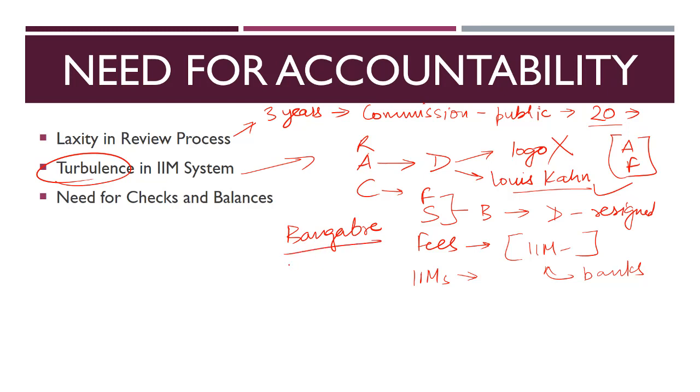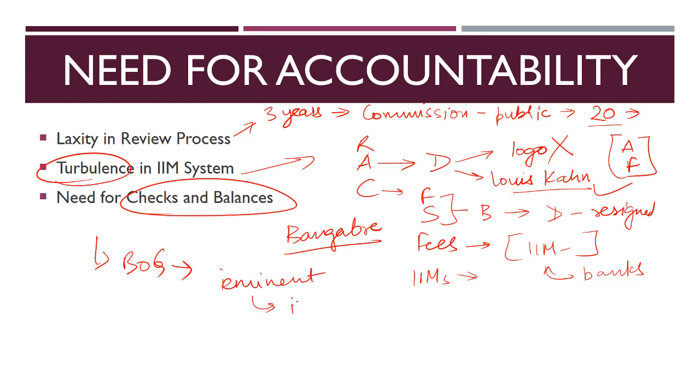Therefore, the government needs to step in. These are government institutions. There is a need for accountability, democratic accountability to the nation itself. You cannot let anything function without meaningful checks and balances. The author also says that even on the board of governors, the eminent industrialists, technocrats or administrators do not have any incentive for the working of the institution to improve. They go there, take their fees, sit for tea and so on.